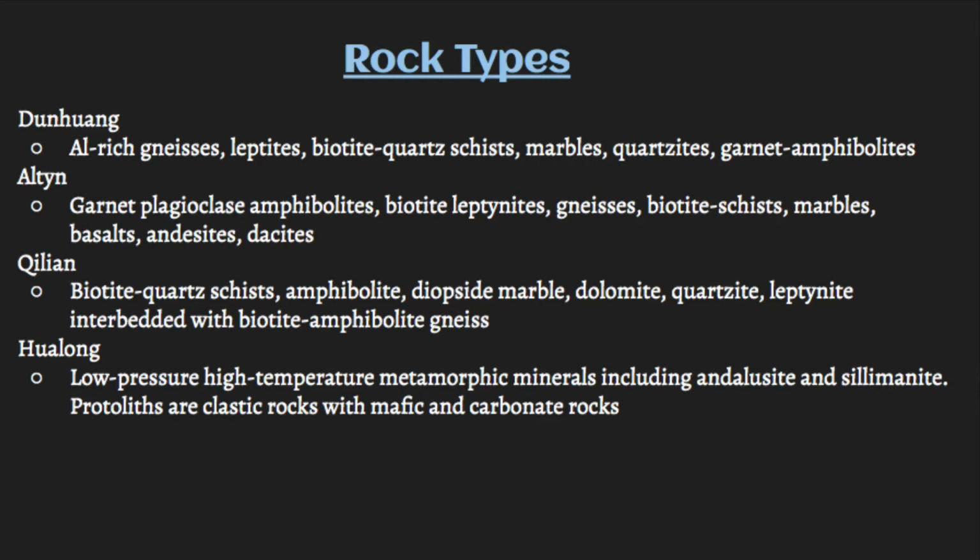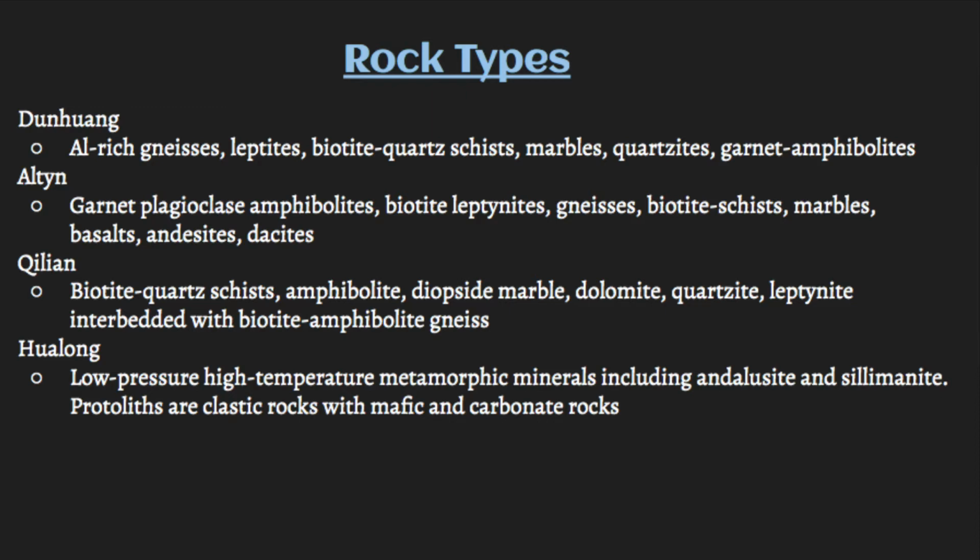The Qilian block has biotite quartz schist, amphibolite, diopside, marble, dolomite, quartzite, leptonite, interbedded with biotite, amphibolite, gneiss. The Hualong group has a low pressure, high temp metamorphic, has low minerals including andalusite and sillimanite.